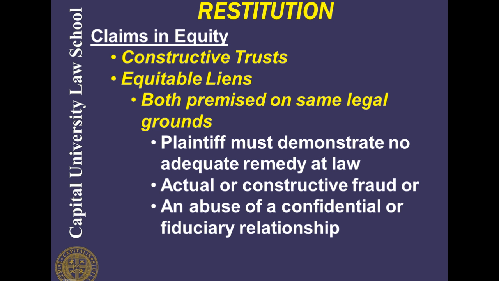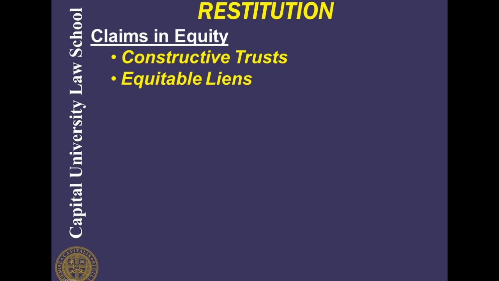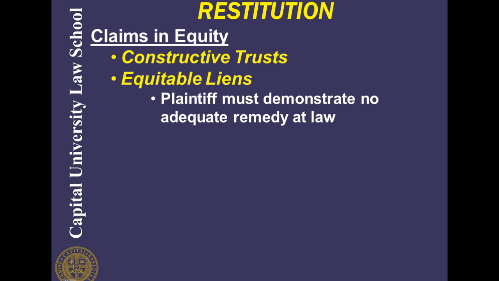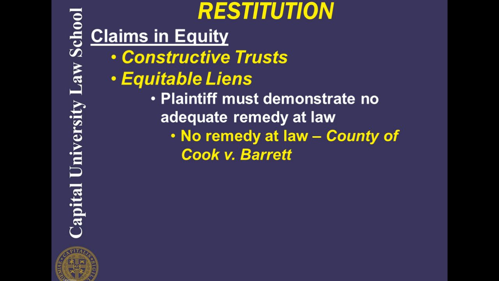And you see both of these being used in the various equity cases that are in the book. So let's go on and talk about this. The plaintiff first must demonstrate that there is no adequate remedy at law in order to bring their restitution claim in equity and to have available to them the remedy of constructive trust or equitable lien.